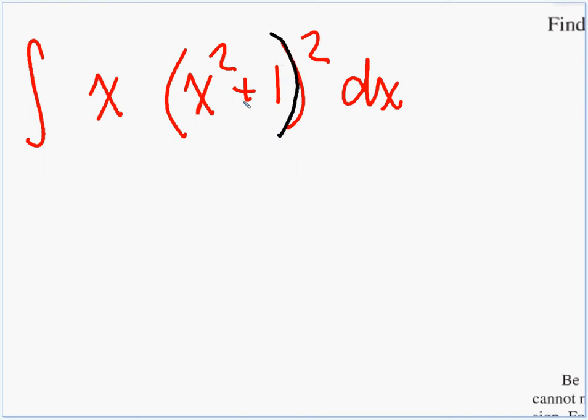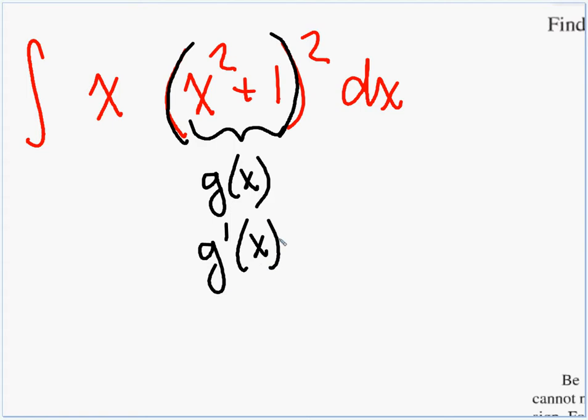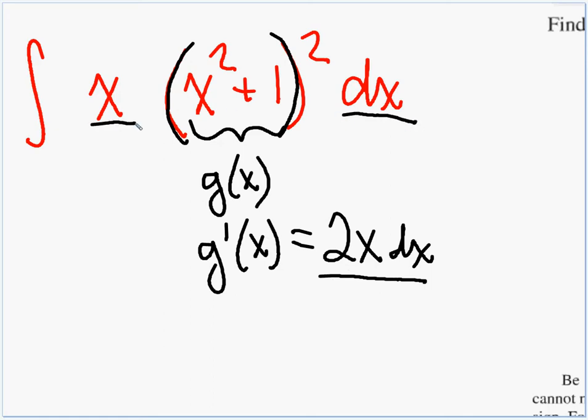Let's assume that what is inside our parentheses is g of x. So what would g prime of x be? Well, what's the derivative of x squared plus 1? It's 2x dx. Do we have a 2x dx? We have the dx. We have the important part, the x. What are we missing?